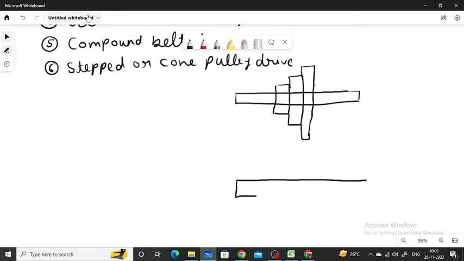In stepped or cone belt drive, on the follower or driven shaft, stepped and cone pulley are mounted.